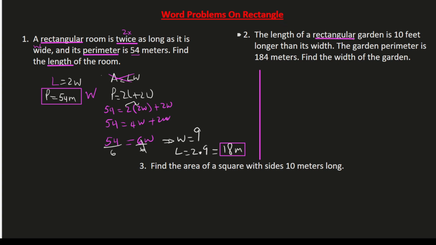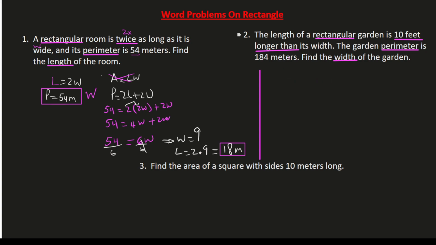It's a rectangular garden, and the other keyword is 10 feet longer than. That's another thing we need to pay attention to. And they give you the perimeter again, so we will be using the perimeter formula. We won't use A is equal to LW because they don't give us the area. And now the point is to find the width of the garden.